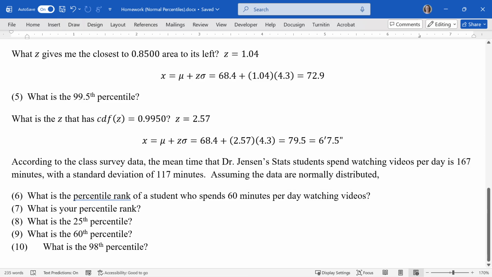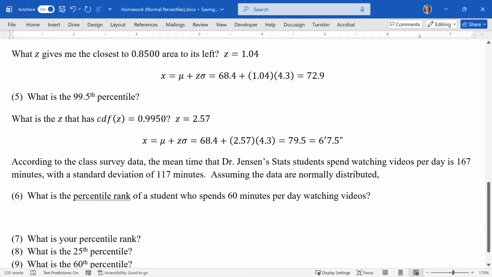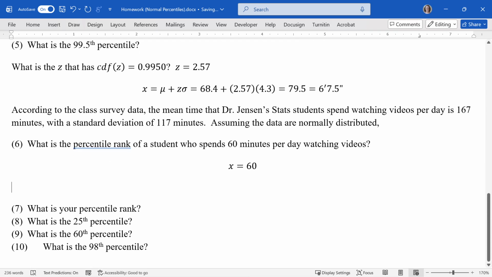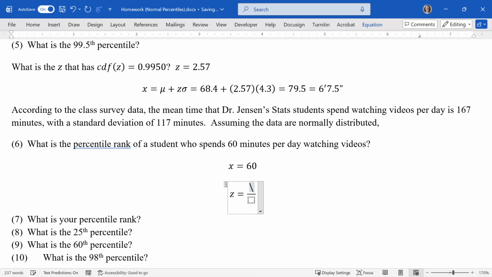Okay, so since this is a normal distribution question, what is the percentile rank of a student who spends 60 minutes per day watching videos? So this 60 minutes per day, that is my x, my data value. And since it's a normal distribution question, usually when you have a data value, translate it into a z-score, or if you have a z-score, translate it into a data value, one way or the other.